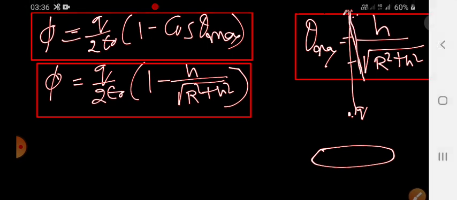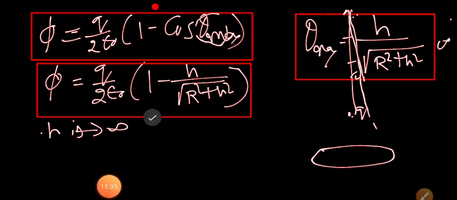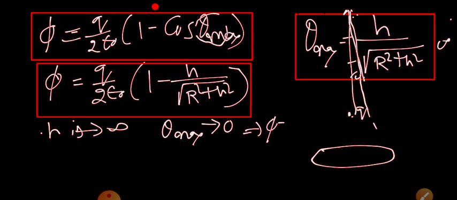If it goes to infinite distance, then this angle will be a negligible quantity. So h tends to infinity. If h tends to infinity, what will happen? Theta max tends to 0, and phi will be equal to 0.